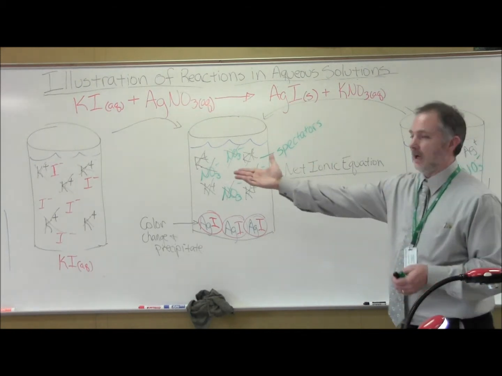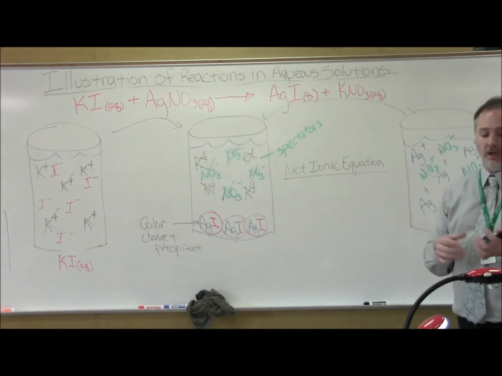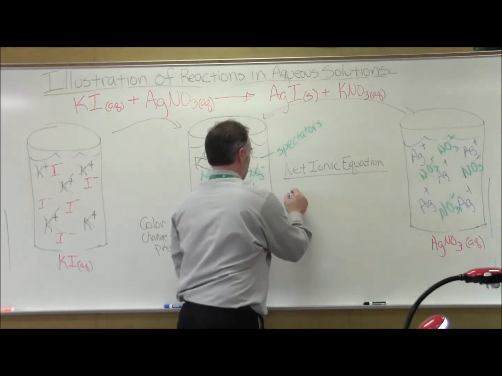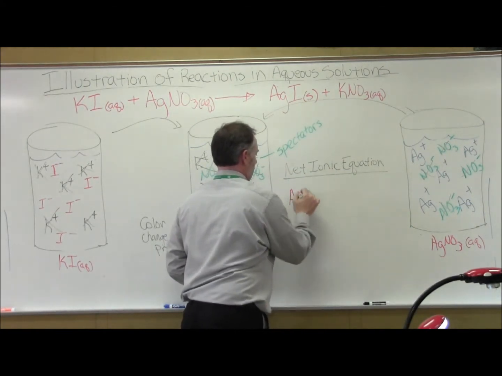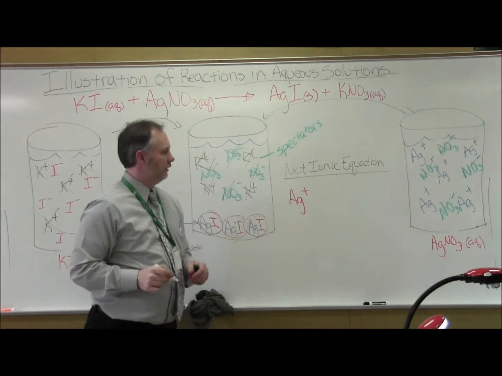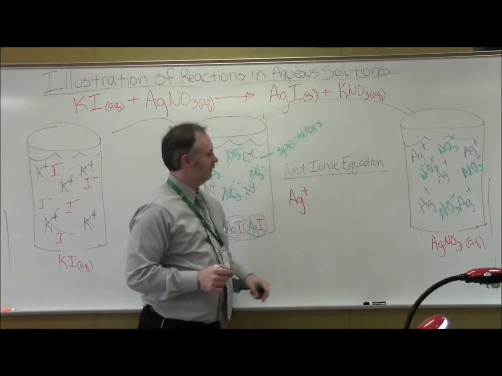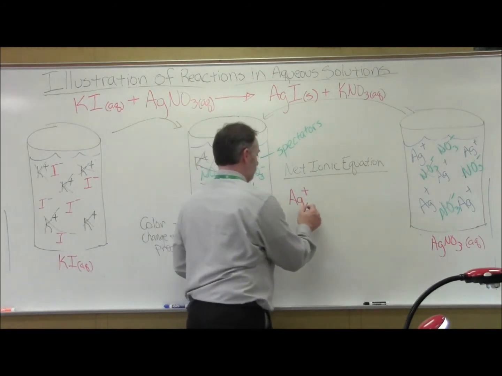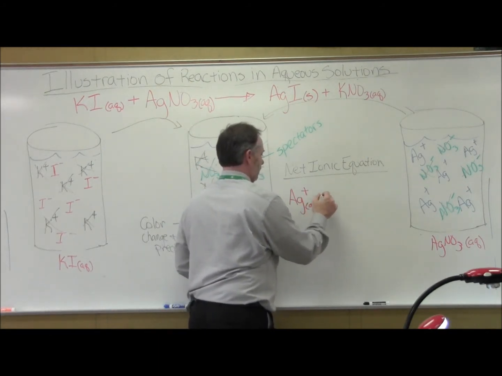And if you want to write the iodide ions first, you can. It's not wrong, but I usually write the positive metal first. Okay. Positive silver, it's dissolved in a solution, so you have to put AQ. That's important.